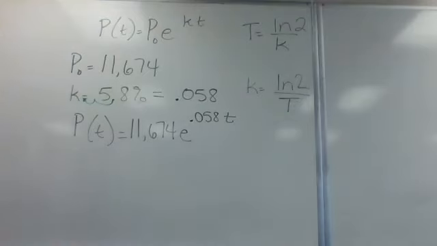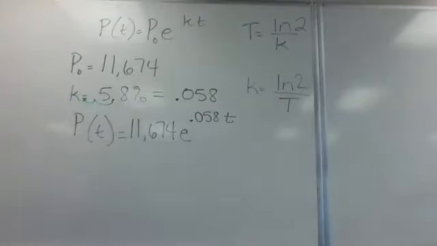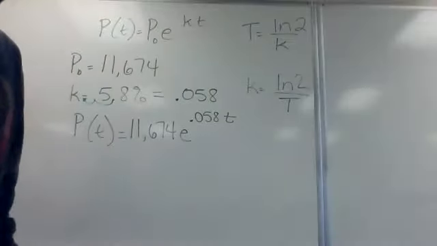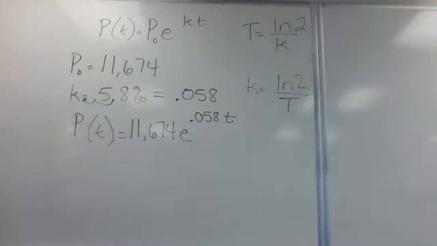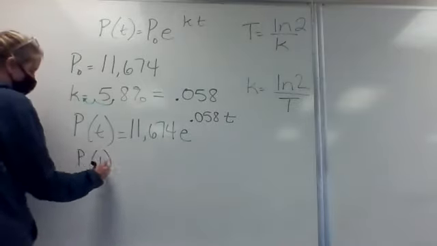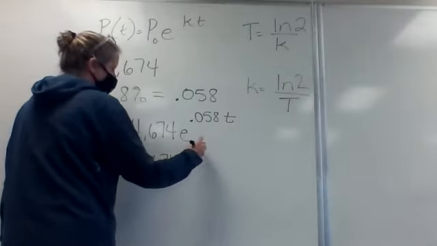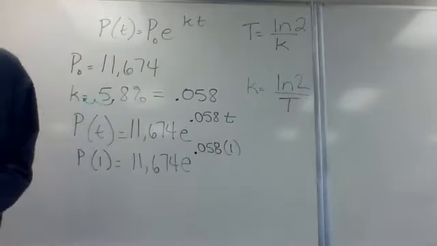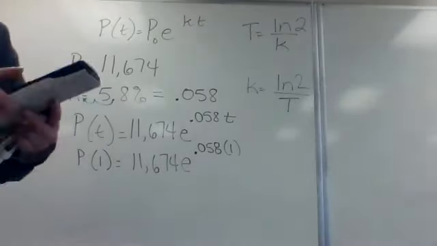Then the next 4 parts of this are just saying how much do you have after a certain amount of years. So I'm just going to do 2 of them instead of all 4. I'll do the first one, the balance after 1 year. So what are you finding? You're replacing the t, which is the year, with 1. So 11,674 e to the 0.058 times 1. Rounding it to 2 decimal places.